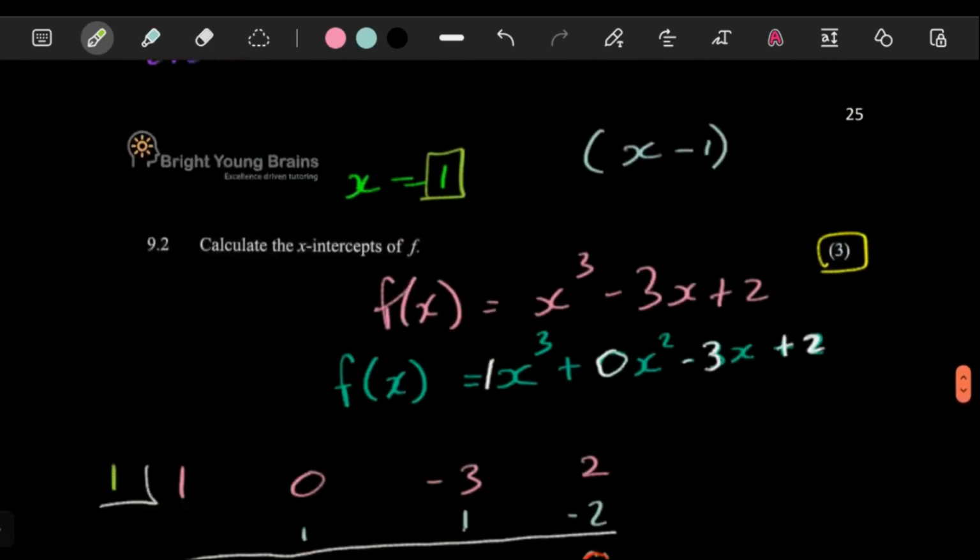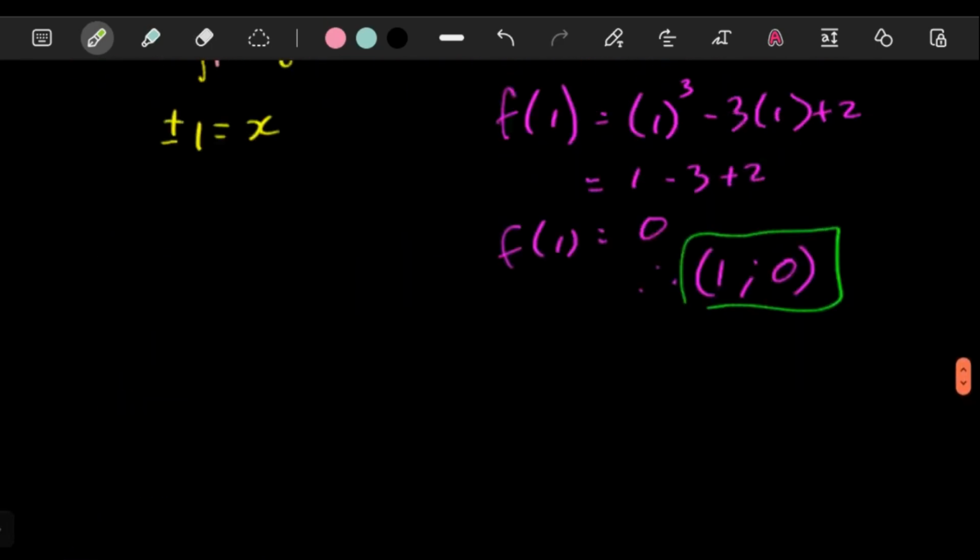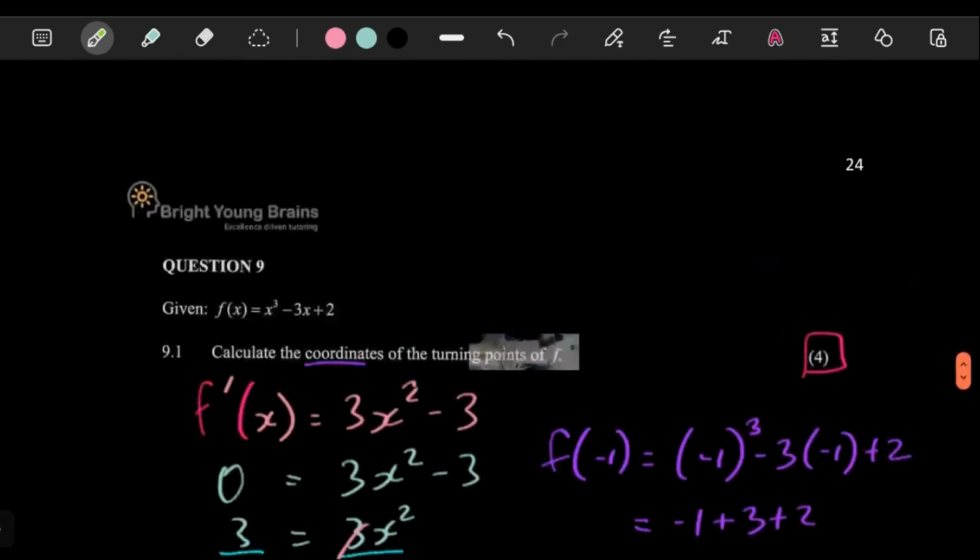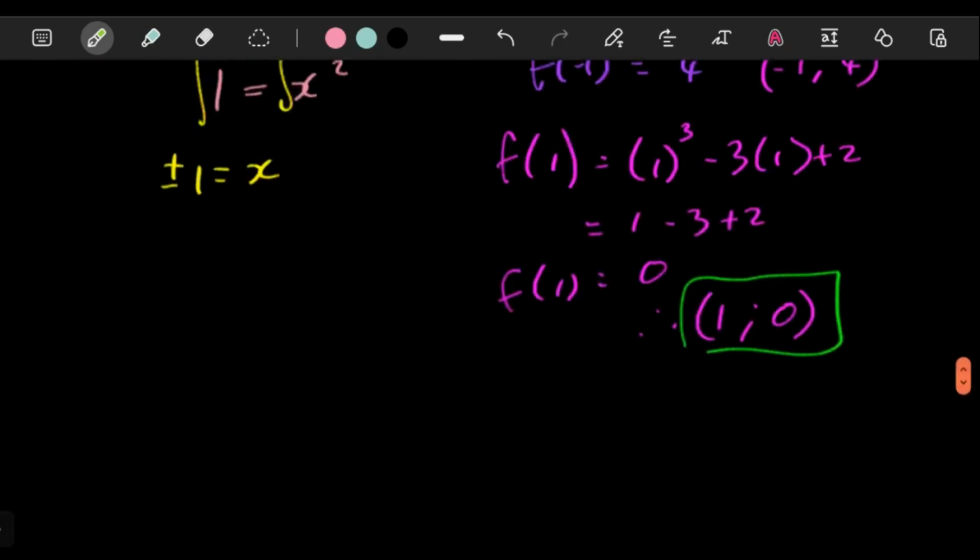F is decreasing. So this is quite interesting. What can we do for this question? This is a cubic function, right?